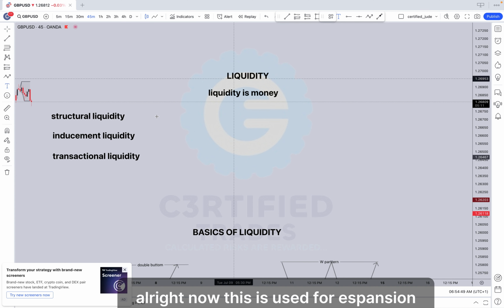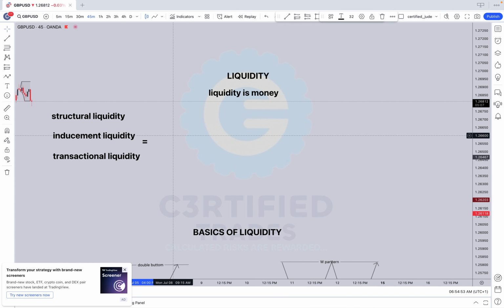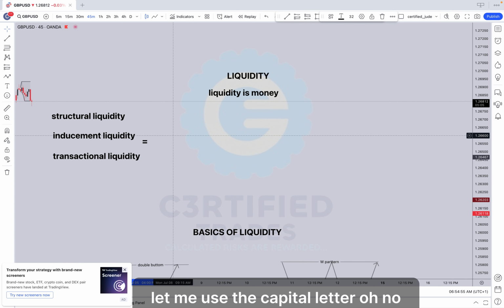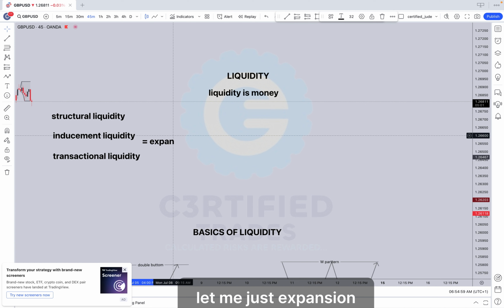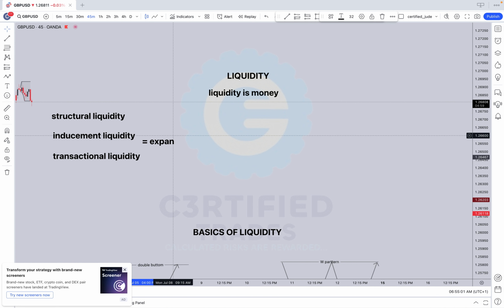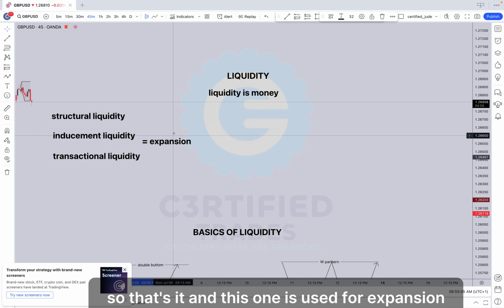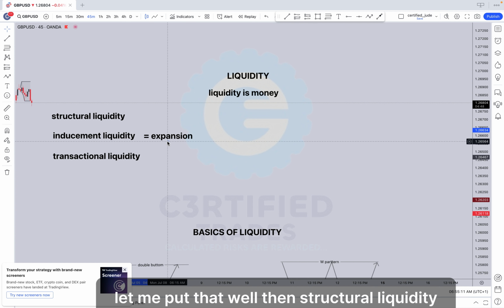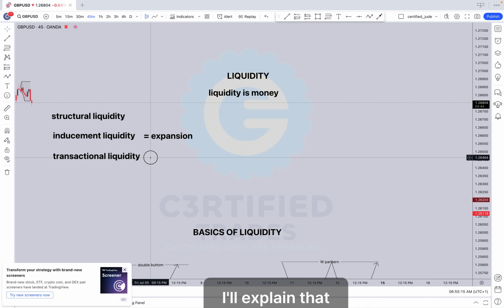The inducement liquidity is often referred to as expansion. This is used for expansion. Let me put that well. Then structural liquidity, I will explain that.